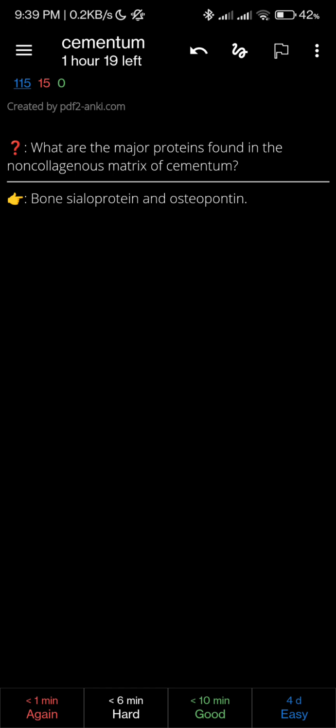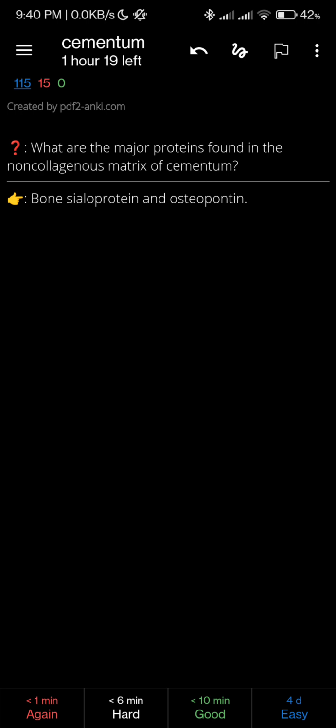What are the major proteins found in the non-collagenous matrix of cementum?